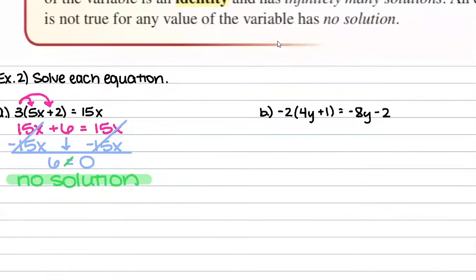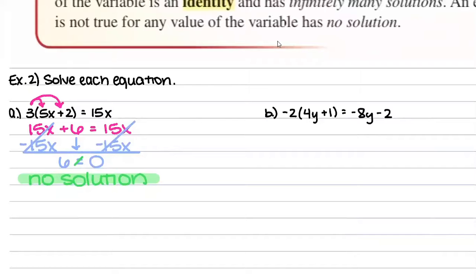For B, we have negative 2 times 4y plus 1 is equal to negative 8y minus 2. So we're going to distribute that negative 2. We're going to have negative 8y minus 2 is equal to negative 8y minus 2.